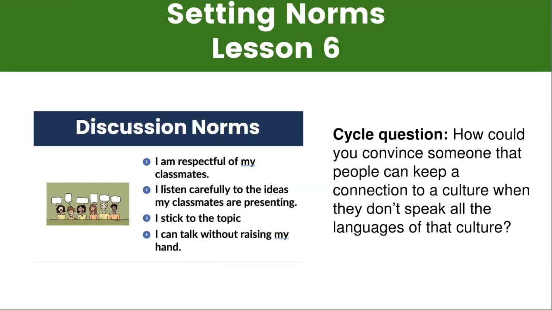Then we have lesson 6, which is the discussion, again revisiting the cycle question, where I think it's important to really set the norms because you'll be engaging in sensitive topics, students agreeing and disagreeing. It's important to set these norms and encourage students to be respectful of their classmates' opinions, to listen carefully to the ideas of their classmates, as well as making sure that students stick to the topic, as well as talk without raising their hand.